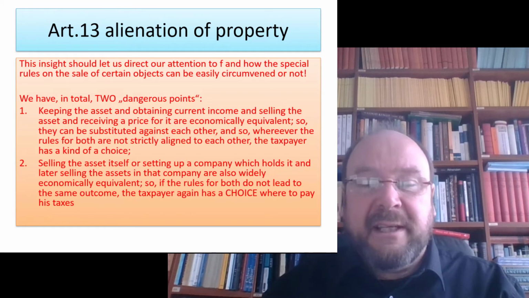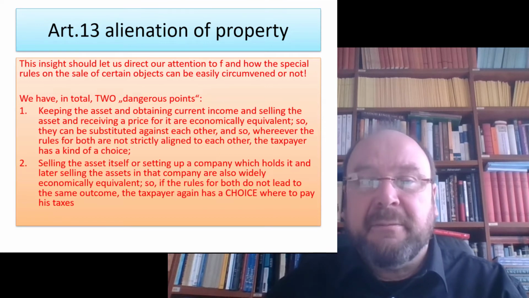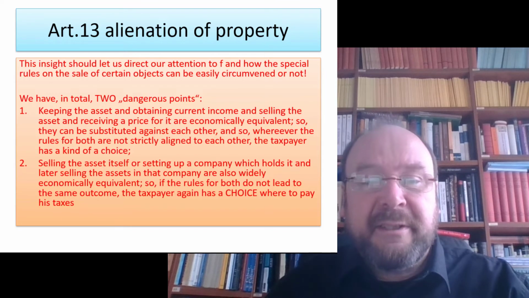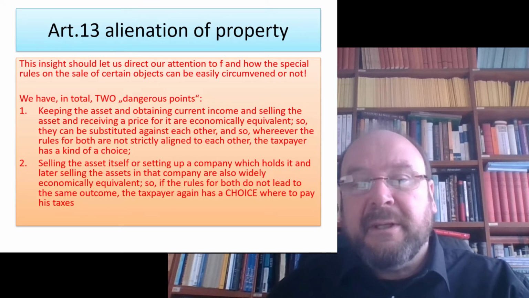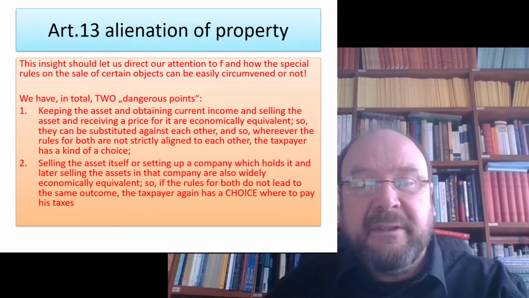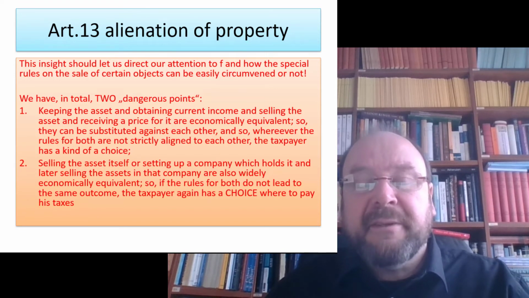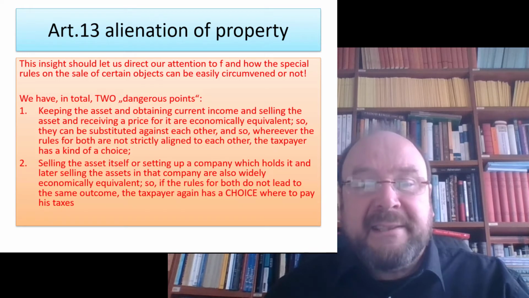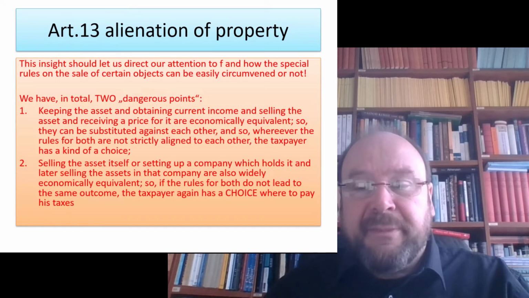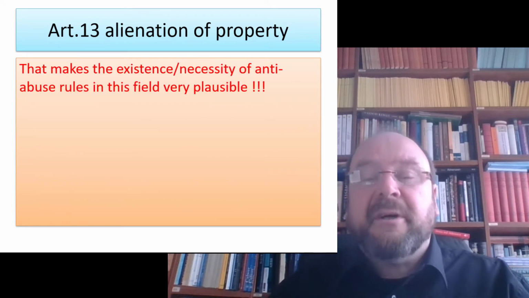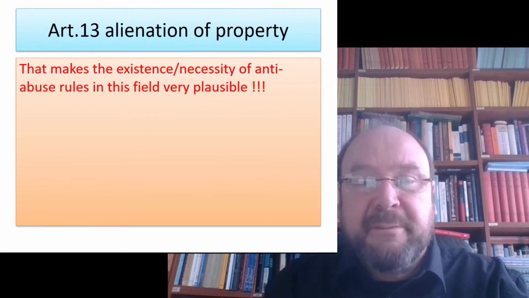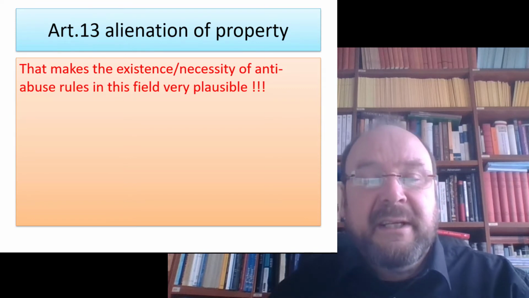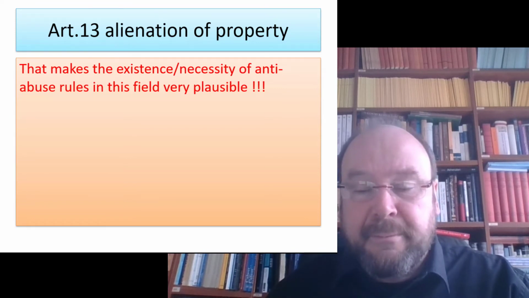Or selling the asset itself, or setting up a company and selling the shares, is also two alternatives which are economically equivalent. So if you distinguish between the treatment of both of them, then you give again the taxpayer a choice, and the taxpayer will opt for the best solution. This, however, in turn makes it plausible that the states don't like that and try to create anti-abuse rules.